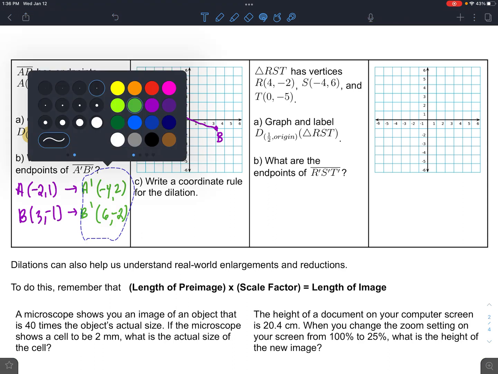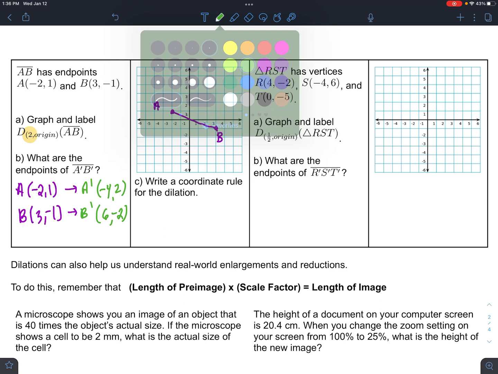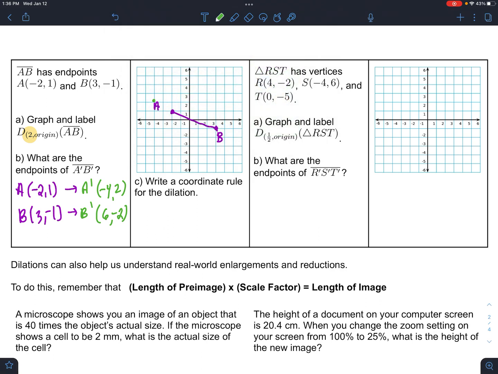And then, let's make these something else, like green. So we have these 2 points now. And connect them. This is A prime, B prime. So we see that the line segment got twice as long, right?